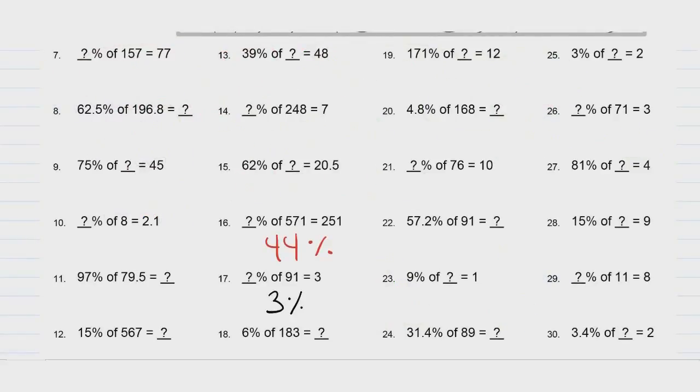Problem 18. 6% of 183. 6% of 183 equals an unknown number. Woo-wee! We don't have to divide this time. We get to multiply. That is great. We change this percent to a decimal. 1, 2. I know there's only one number here, but you always move it 2 spaces to the left. It's always 2. We put a 0 here.